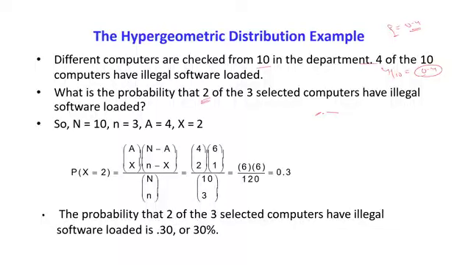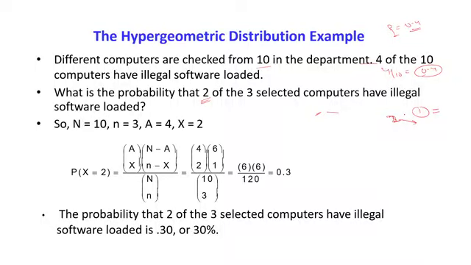The customers buying or not buying are independent, but here it is dependent, because if I selected one as an illegal computer, then for the two remaining, the probability may change, because out of the entire number of computers available in the company, only 40% have illegal software.